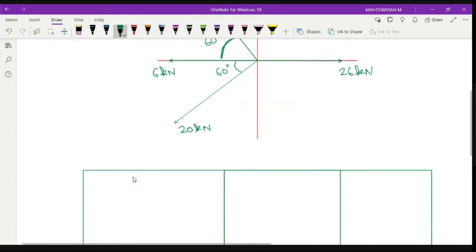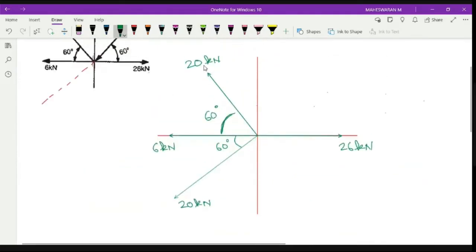Forces. This is my Fx horizontal force, and this is my Fy vertical force. Let's start with 26. You have 26 kilonewton. It is already horizontal, so that will be directly written as 26 kilonewton here. You don't have Y, so Y is 0. It is positive because it is in the positive direction.